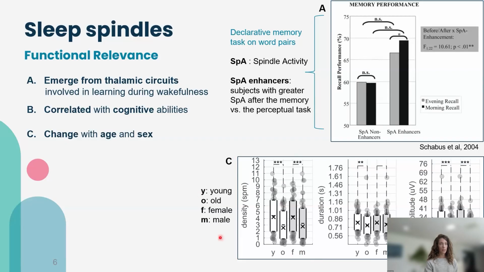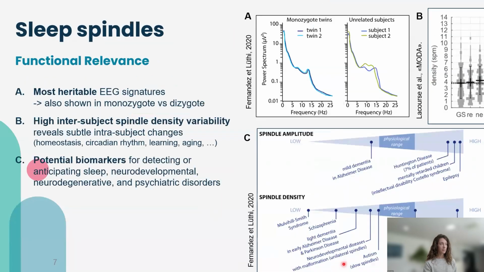This picture is extracted from the MODA project. The data represented here is from 180 subjects from the MASS dataset created in Montreal. I will show many pictures from this project. It includes many subjects, including young, old, female, and male.